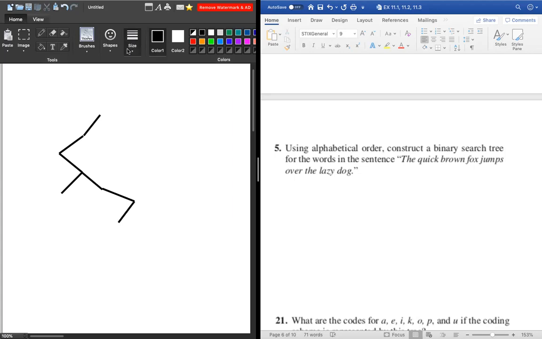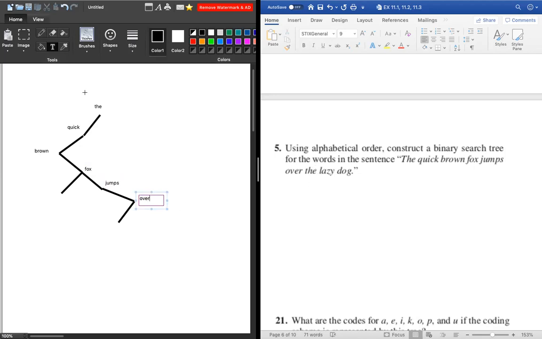Okay, so let's give them the node names. So this node will be the, and this node will be quick. This node will be brown, then fox, then jumps, then over.